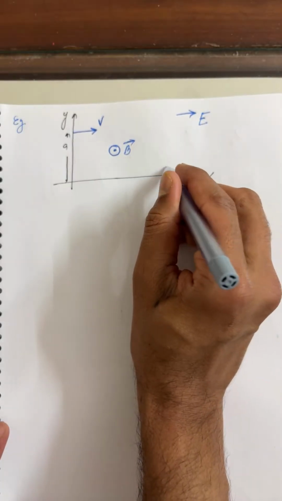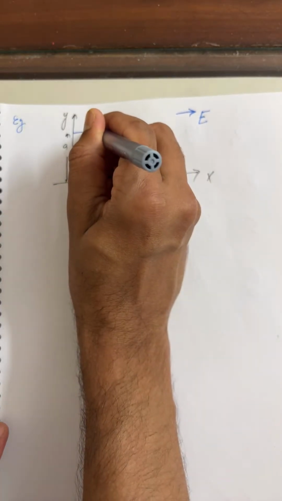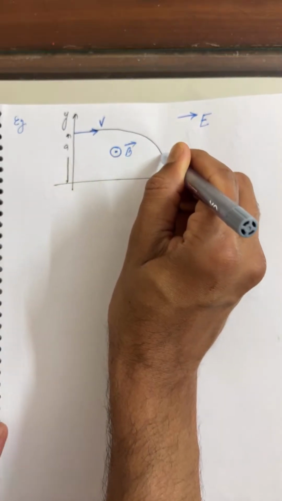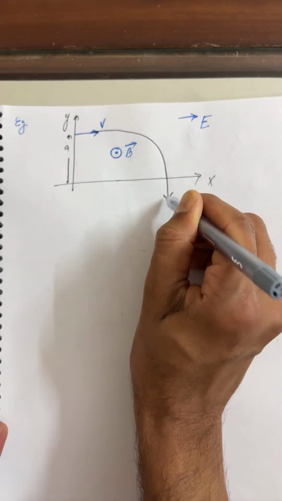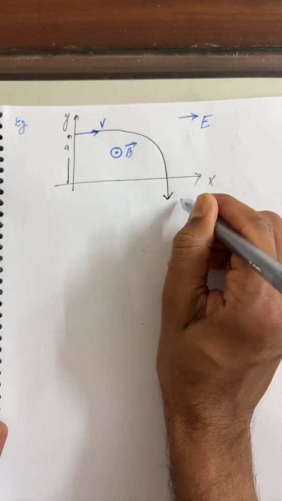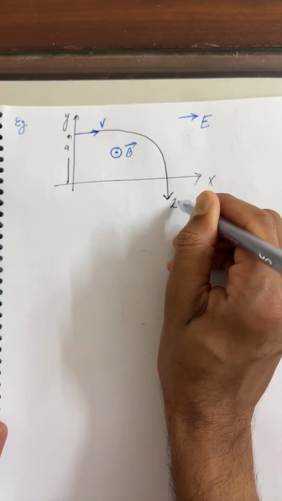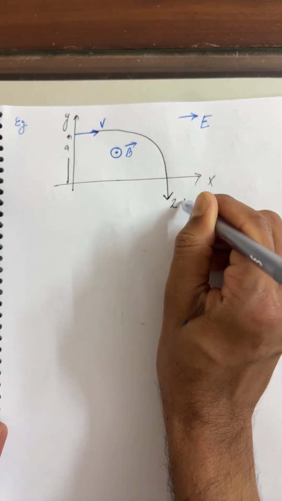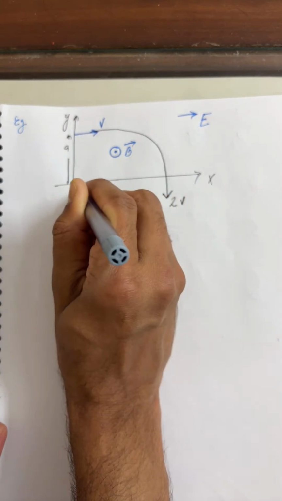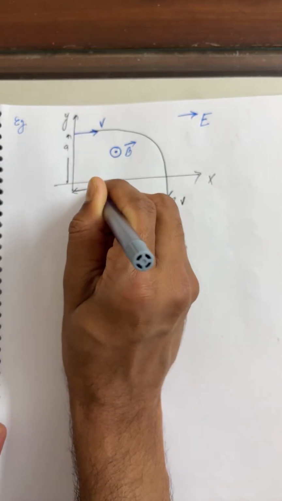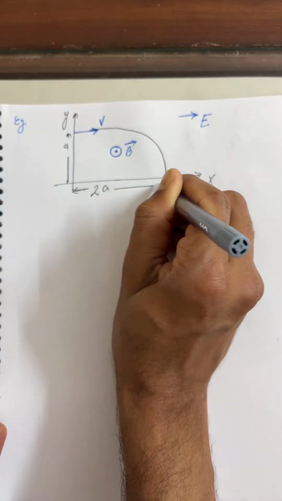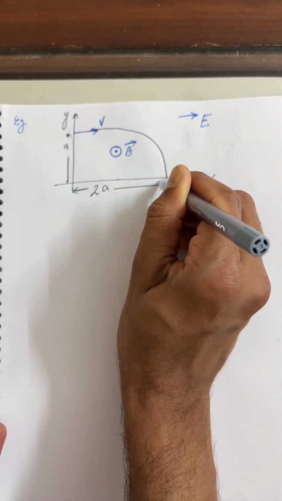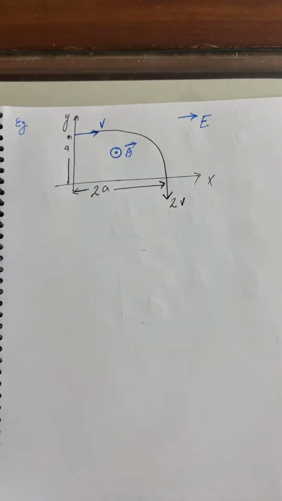The particle finally hits over here, and it has the velocity mentioned in the question, which is equal to 2b. This length is mentioned, which is equal to 2a.